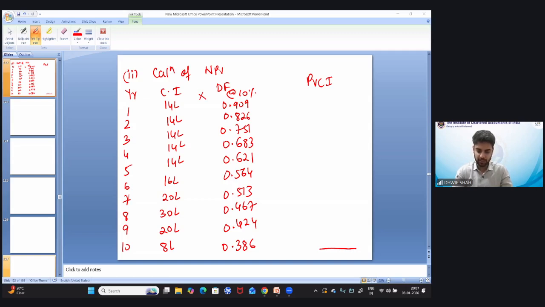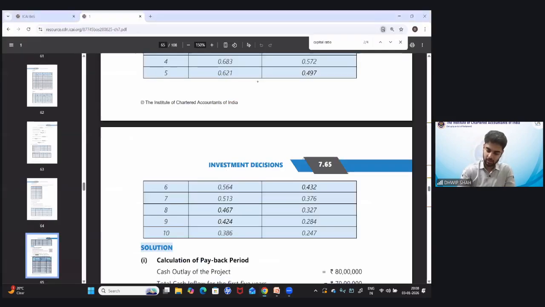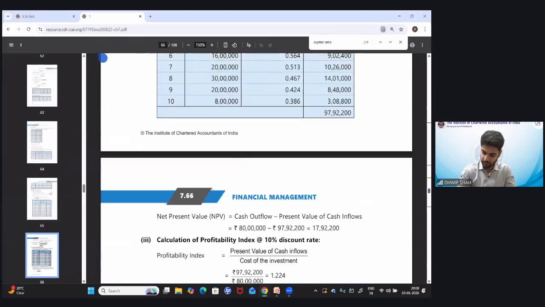Other students, please post your answer as well so that we can get the idea what majority of the students are getting. No one is responding. Let's check the solution then.